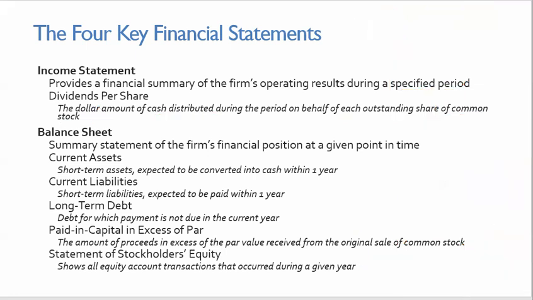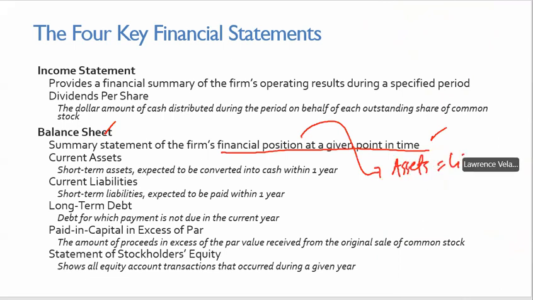Aside from the income statement, another part of the financial statements is the balance sheet. It summarizes the firm's financial position at a given point in time. By financial position, I mean the value of assets, liabilities, and equity as of a certain point in time.